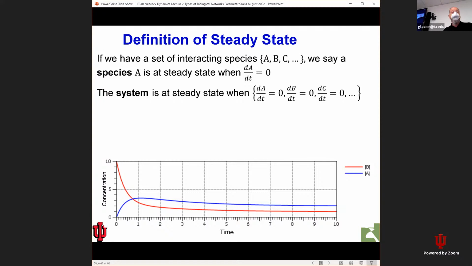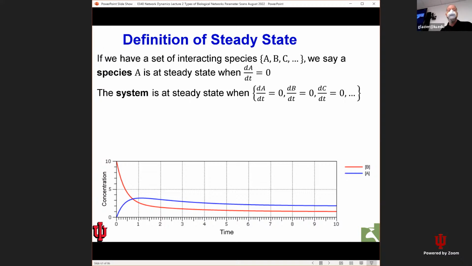Sometimes the only steady state is having all of one molecule and none of the other. And we did that where we said A goes to B, goes to C, goes to D, goes to E. If that's all that happens, no matter where we start, we wind up with everything as E. We don't have anything else.